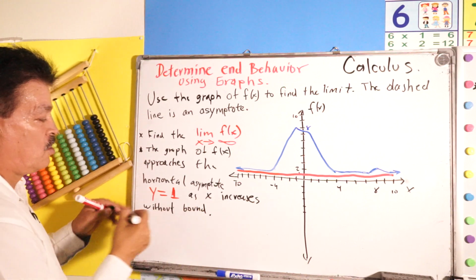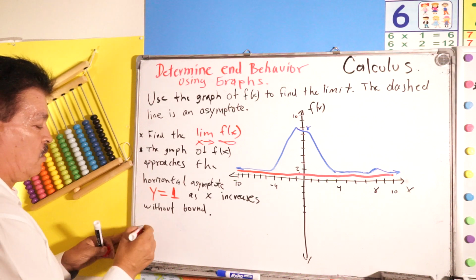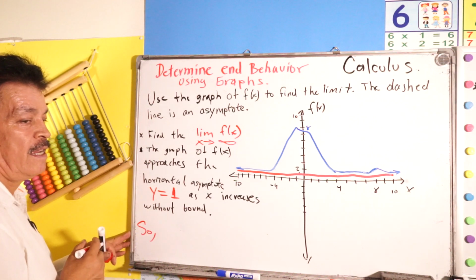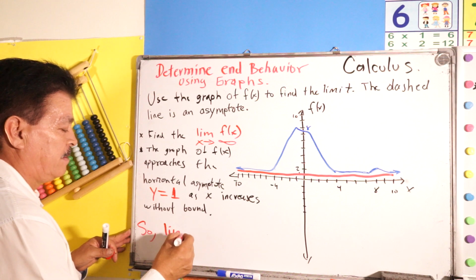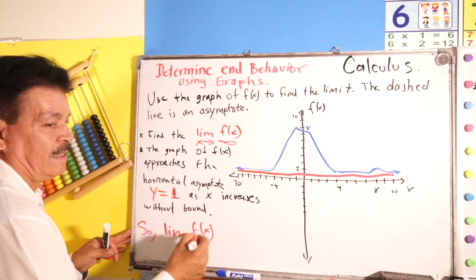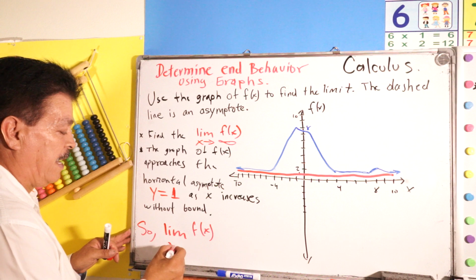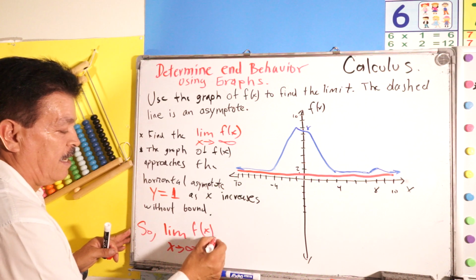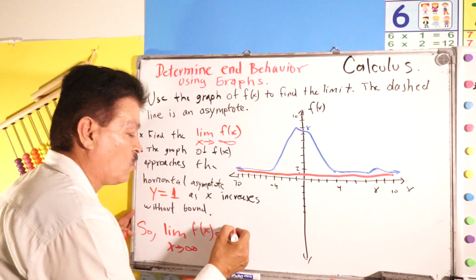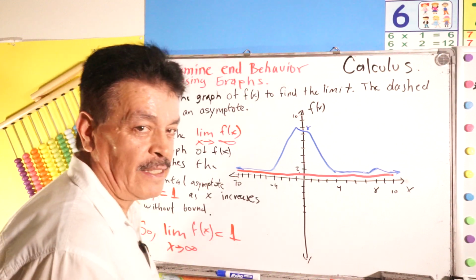All right, so our conclusion here: in this case, the limit of f of x when x approaches infinity is equal to 1.